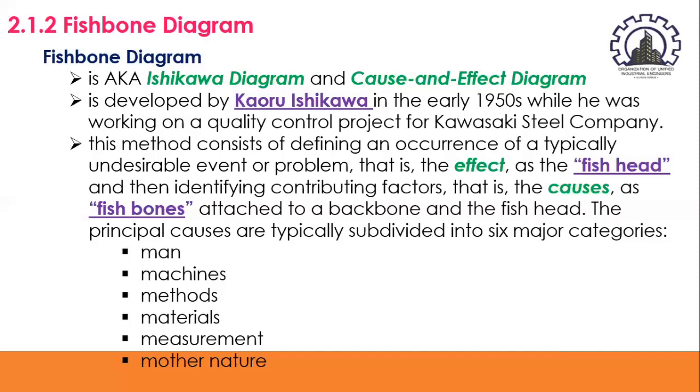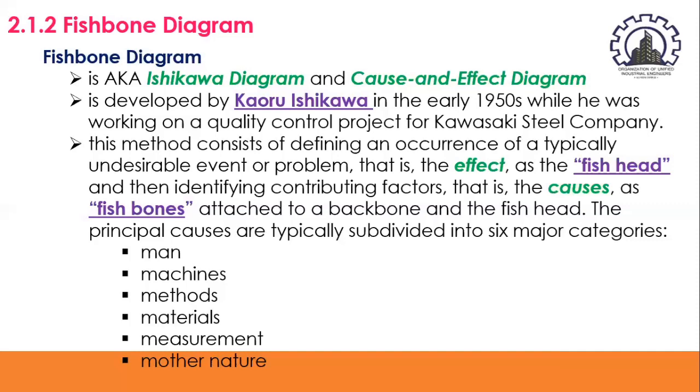And the principal causes are typically subdivided into 6 major categories. First, we have man, machines, methods, materials, measurement, and mother nature. Now, each of which is further subdivided into subcauses. The process is continued until all possible causes are listed.